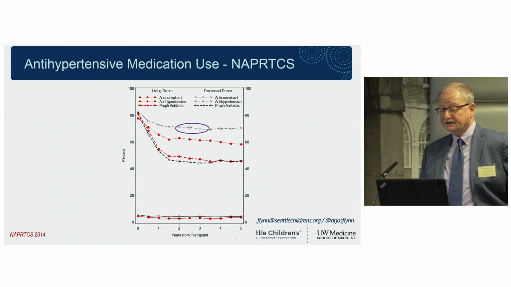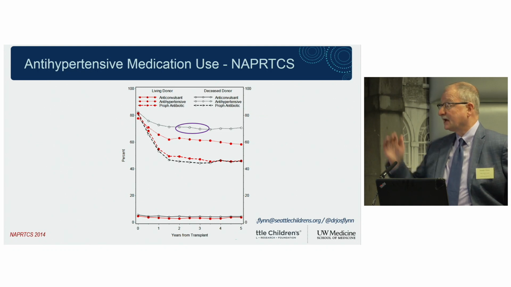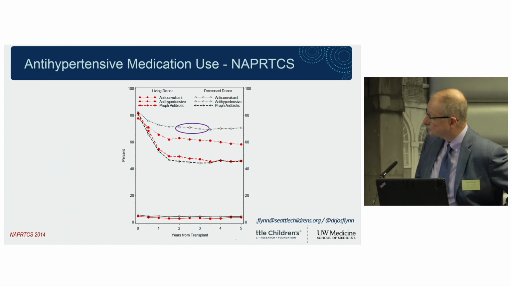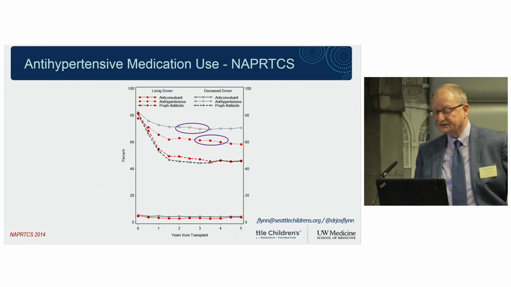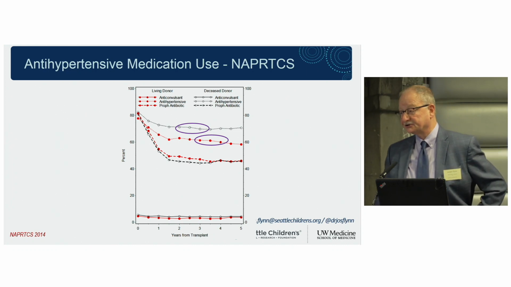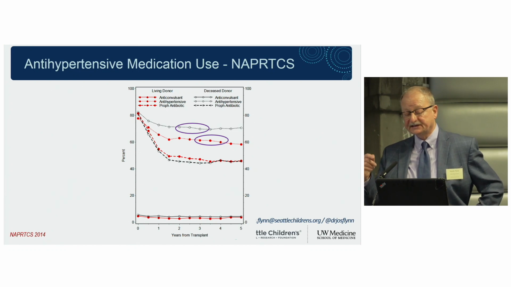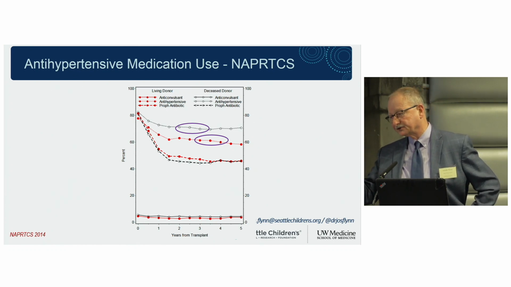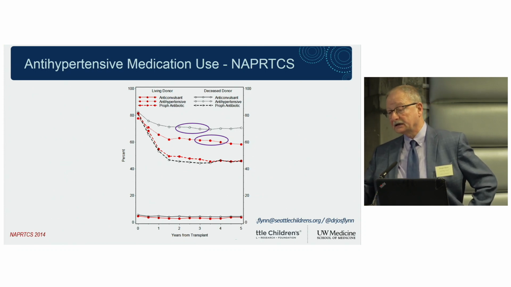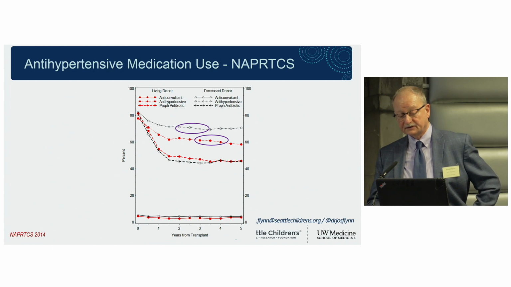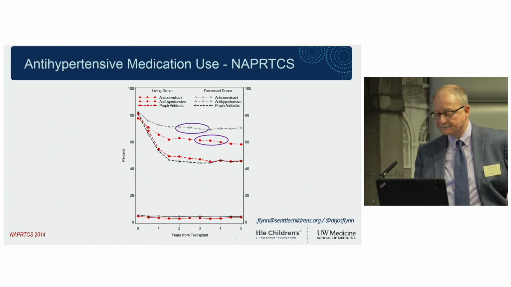So antihypertensives in deceased donor transplants is the highest, right? The most frequent. And then right underneath that are antihypertensive medications in living donor recipients. You can see 60% in the living donor recipient group, even out to 5 years after transplant, and about 70% in the deceased donor group, even 5 years after transplant.